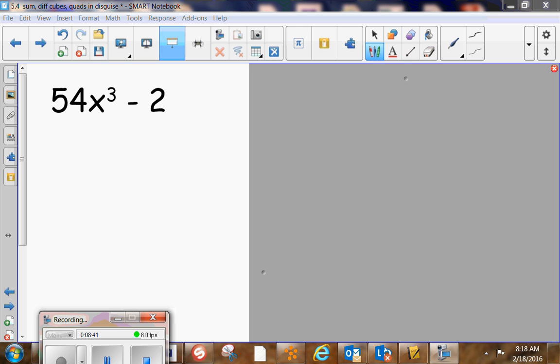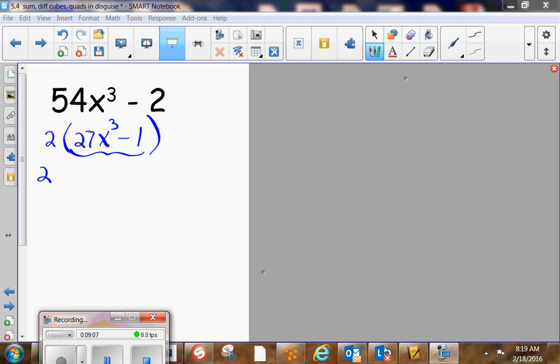What can I pull out of a 54 and a 2? 2. That leaves me with 27x cubed minus 1. Now I recognize, oh, this is a difference of cubes. Now, 2 is still part of my solution, part of my factoring. I've got to keep the 2 in there.